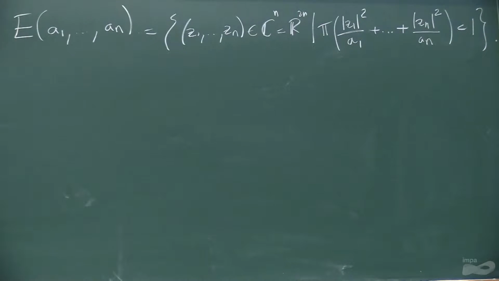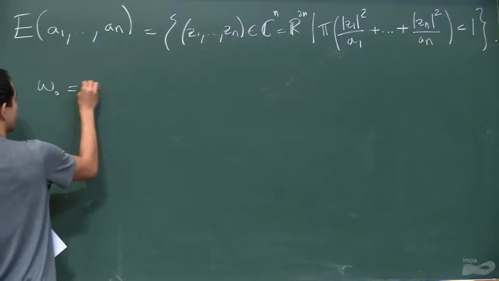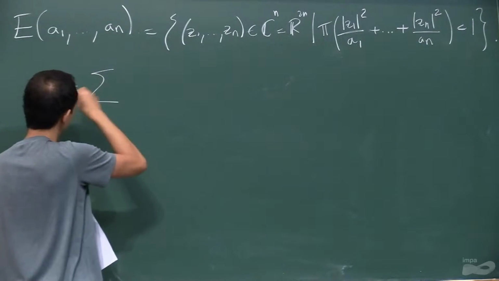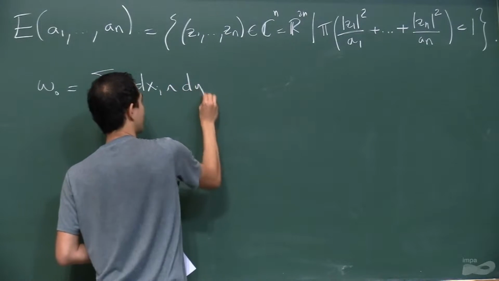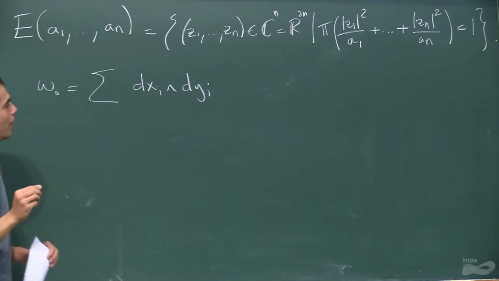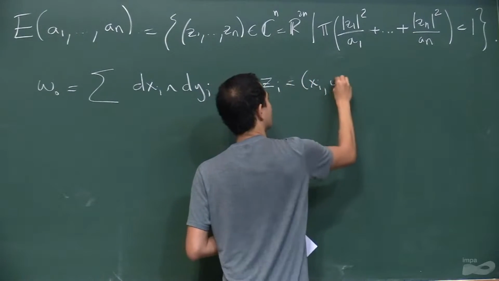And notice this is the most general ellipsoid, because up to a symplectic transformation you can make these parameters all the same. I should actually write down once and for all what the symplectic structure is. My symplectic structure is the sum of dx_i ∧ dy_i, where I think of z_i as being the point (x_i, y_i).